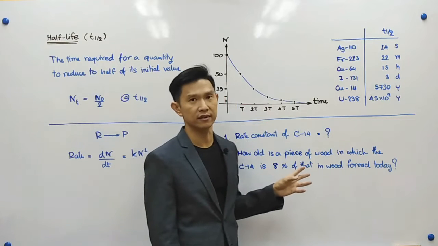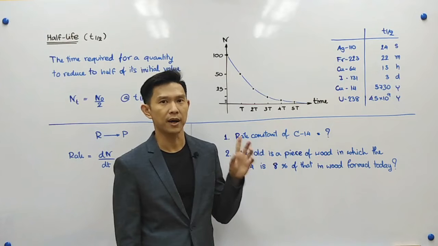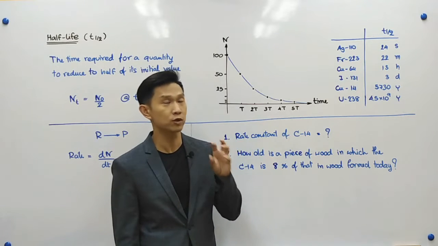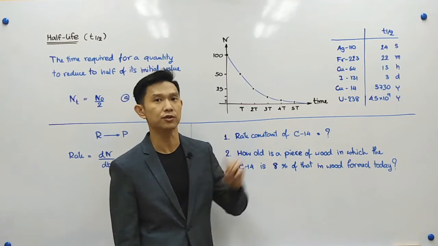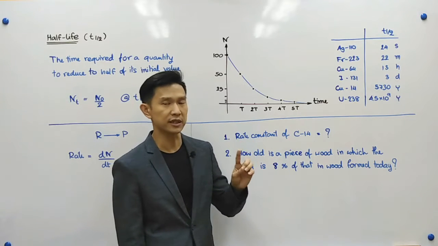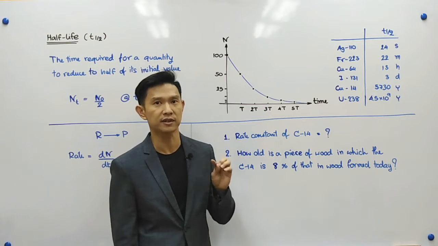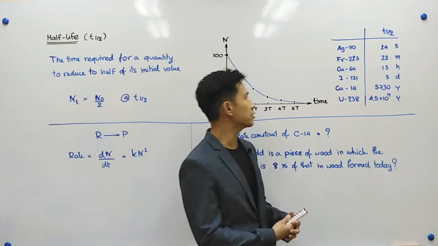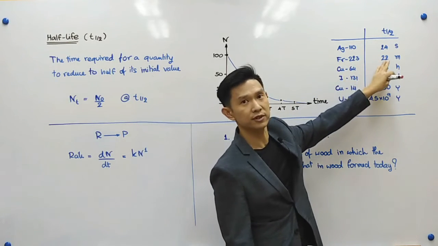This is 110, so the instability of this is caused by too many neutrons in the nucleus. So N over P is too high. So basically, this one has to use beta minus decay, right? And as you can see, the half-life of this one is very short. It's 24 seconds only.